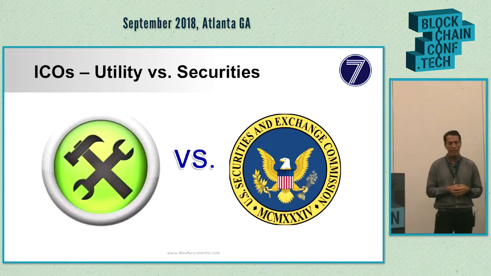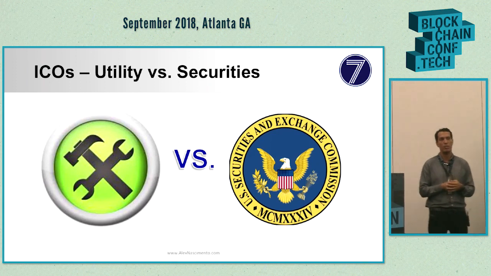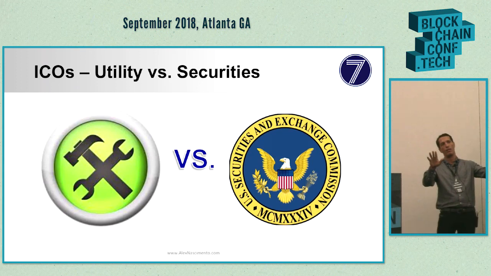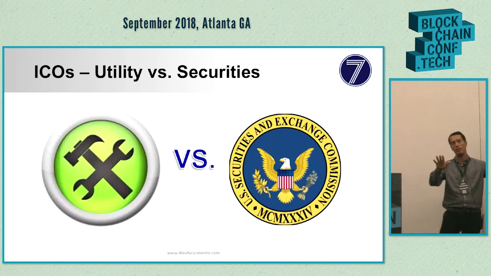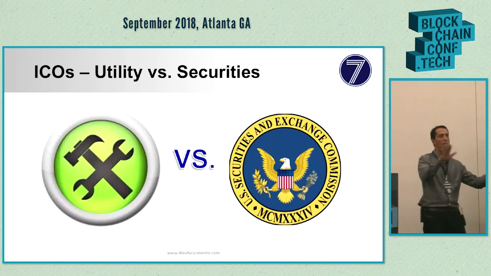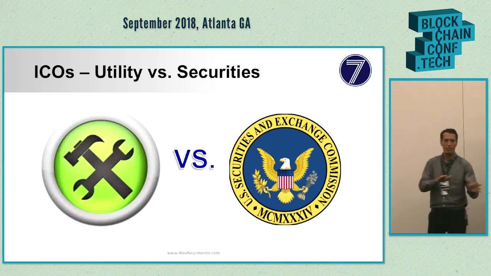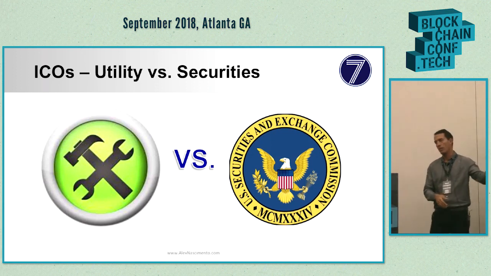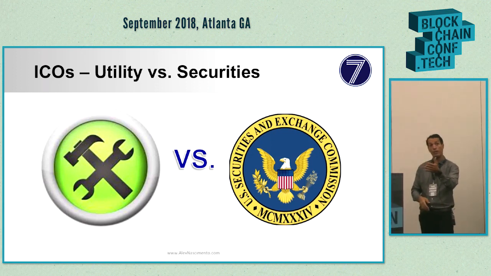Then the Securities Exchange Commission came and dropped the hammer and said, wait a minute, this is fraudulent. You're taking money from grandma, right? Let's stop this. So they broke down the system into 2 types of tokens, utilities and security tokens.